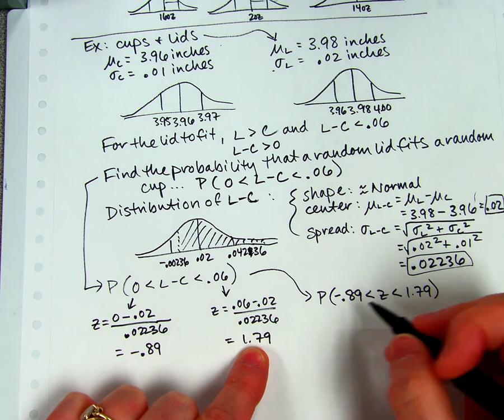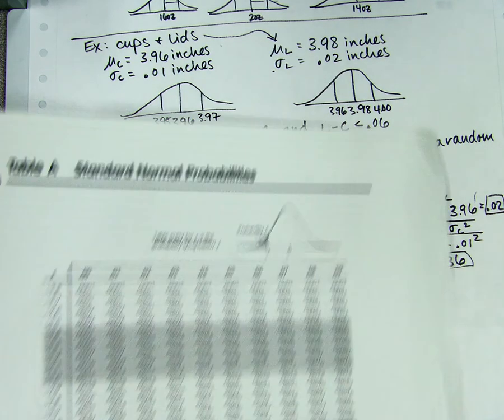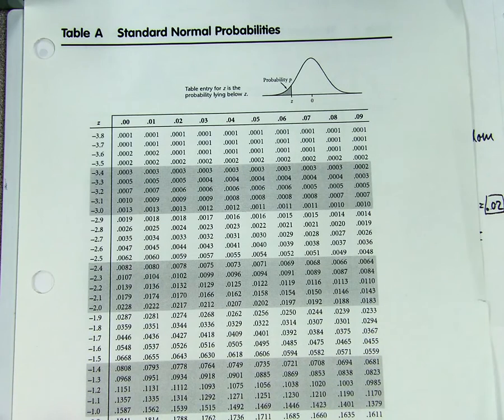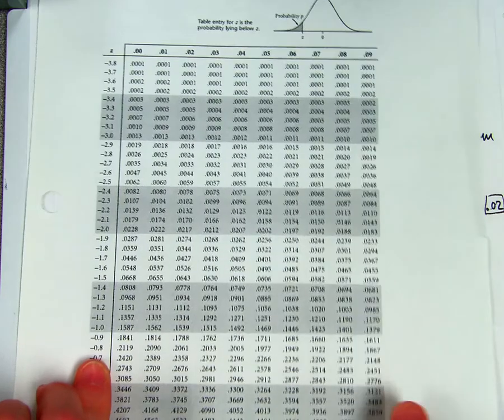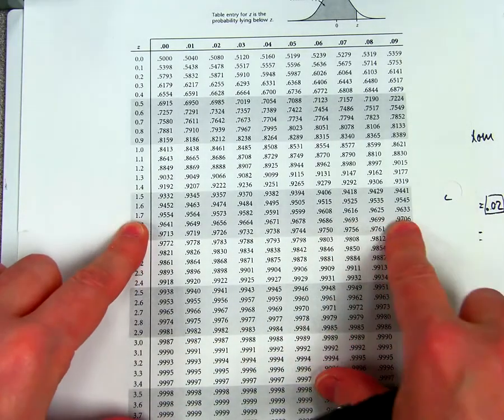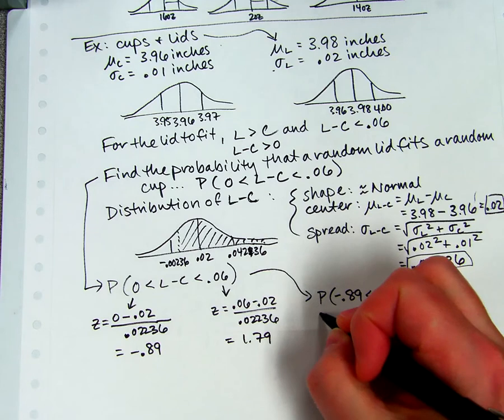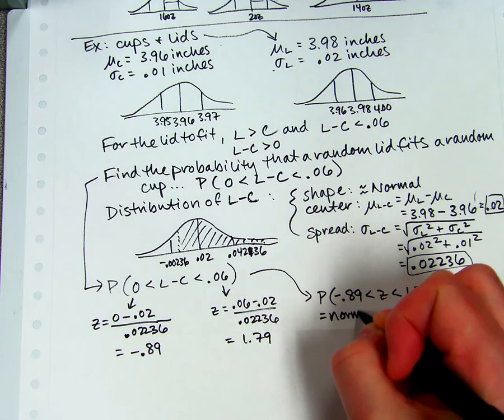And I'm going to look them up on the table or use normal CDF. So remember, I could look them up by doing negative 0.89 and get that number. And then I could look at the other side and get 1.79 and get that number and subtract them. Or I could do normal CDF on my calculator, which is my preferred way.